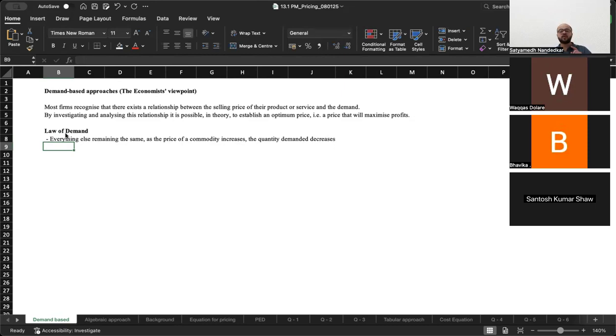Please pay attention to the words that I have used. I have not said price increases, demand decreases. I have used the words price increases, quantity demanded decreases.